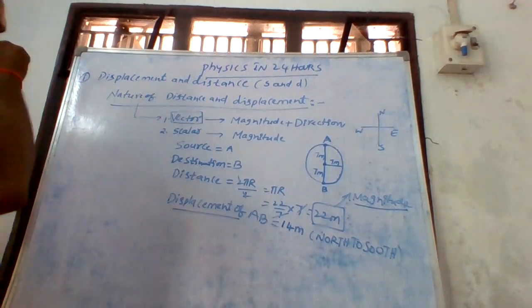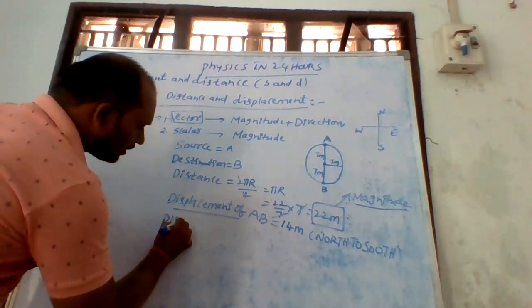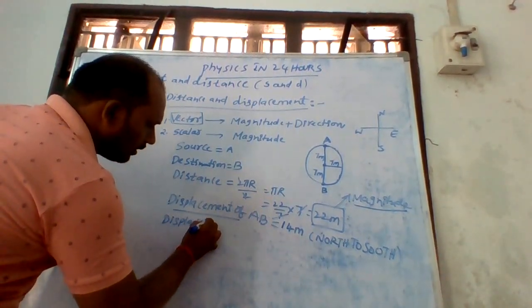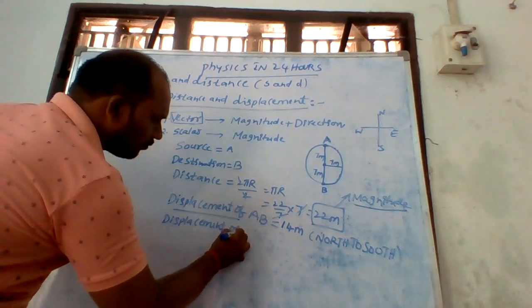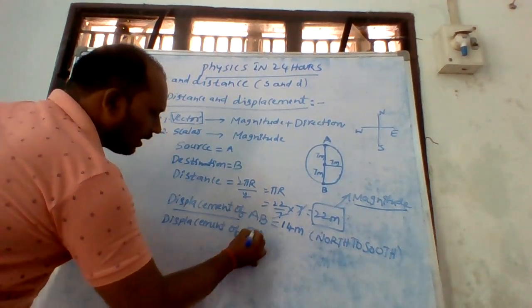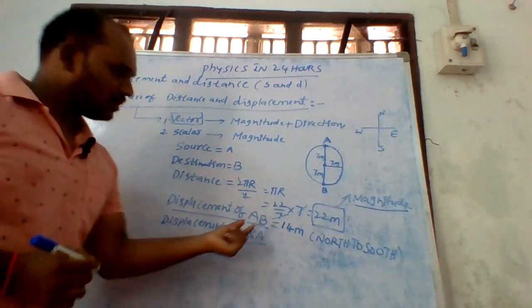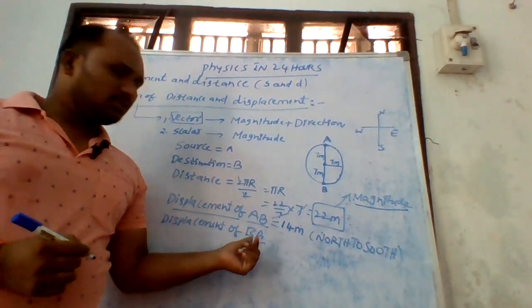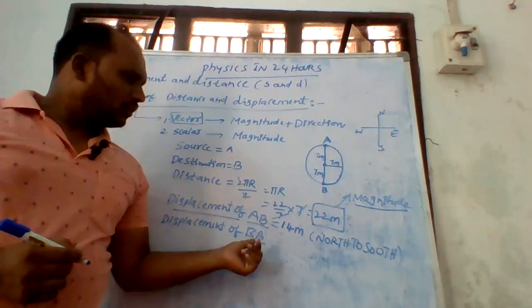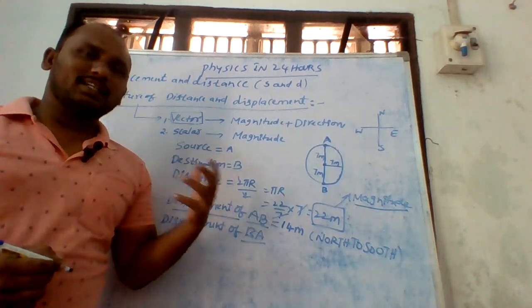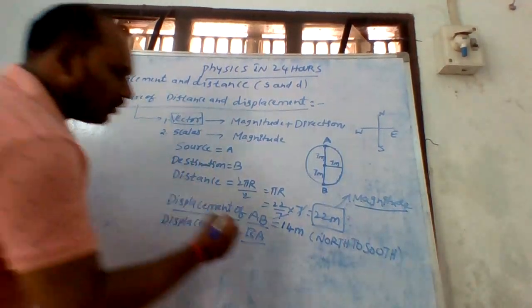Finally, what is the displacement vector? Let's see it in the reverse manner: the displacement of BA. This is AB, and this is BA. Now we are changing the direction, that is the concern here. So what is the value?